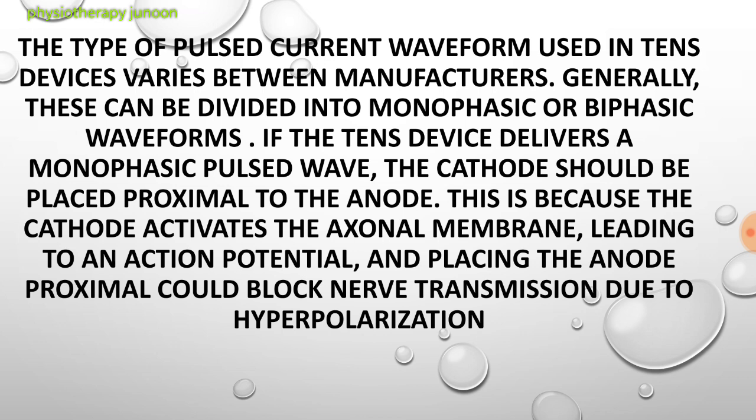In my last video lecture, you saw how the cathode and anode work and how they are placed. This is because the cathode activates the axonal membrane, leading to an action potential, and placing the anode proximal could block nerve transmission due to hyperpolarization.